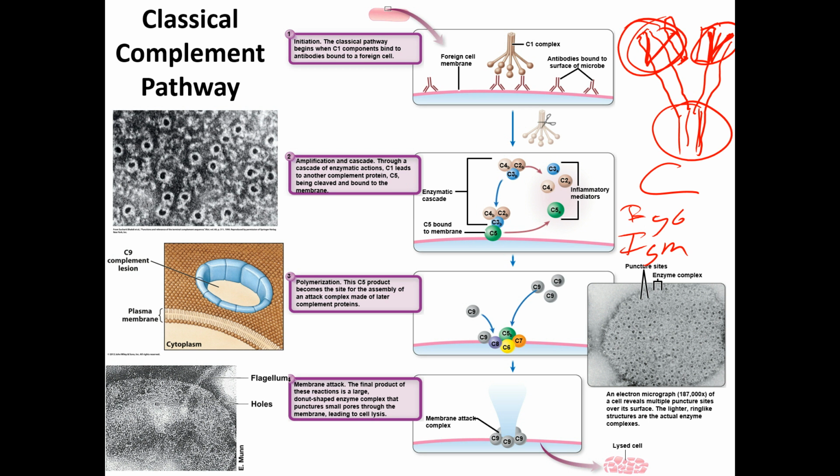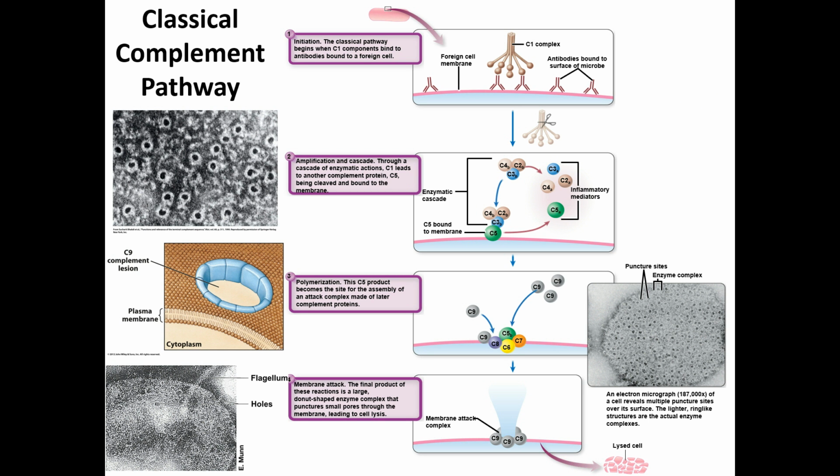The variable region is what actually binds to your foreign cells. So it binds to the antigen. It's the antigen binding region of the antibody. So here your complement factor actually binds to the constant region of your antibody.